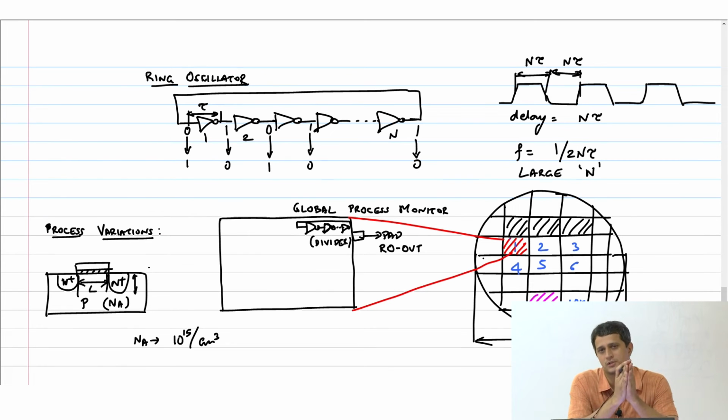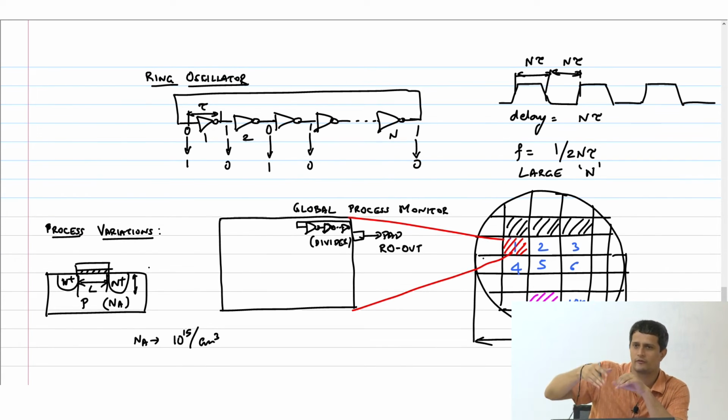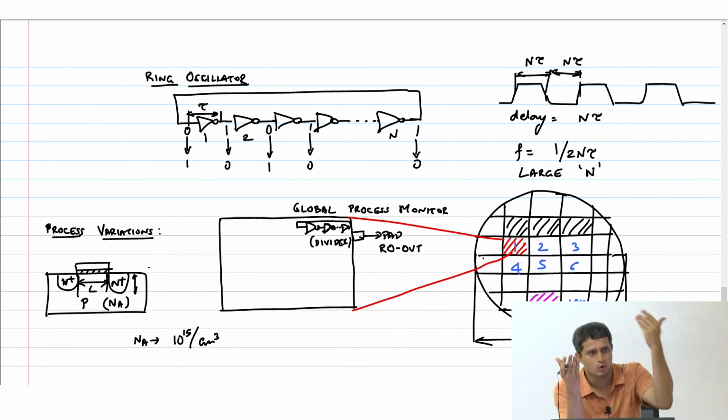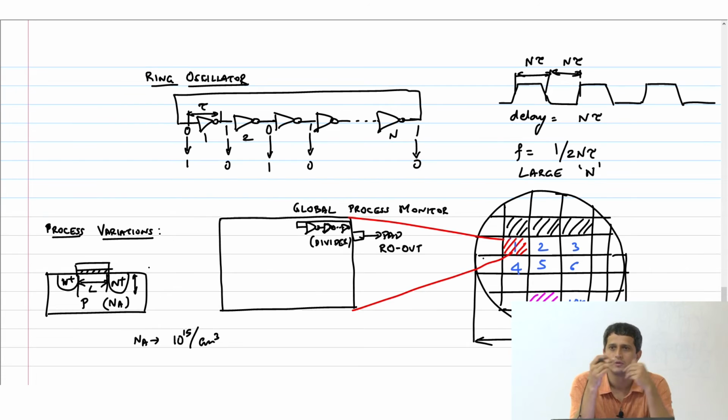Now think about this. If I have 100 dopant atoms and 10 of them are not ionized correctly, which means there is a defect. They are not participating in terminating the electric field or whatever it is. They cannot give me a free electron. What will happen to the VT? It has to go up because I have to put in more effort to get other dopant atoms to give me more free electrons.